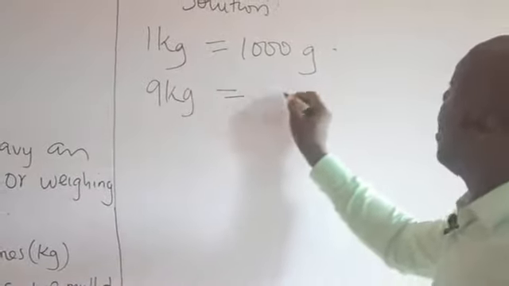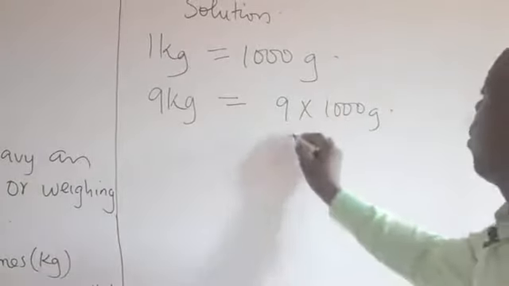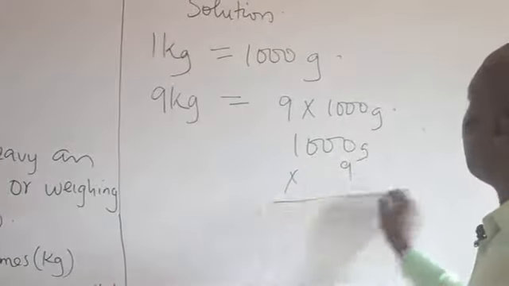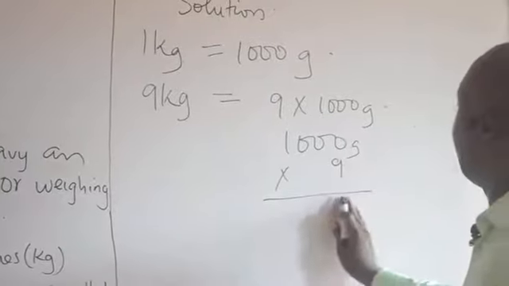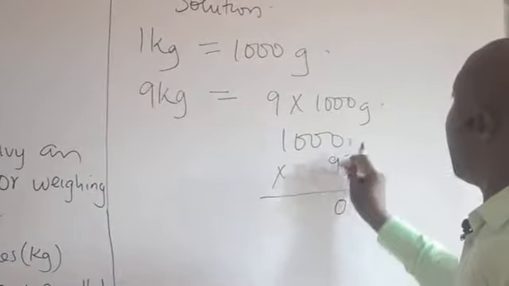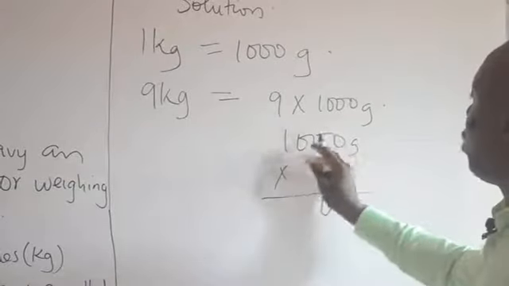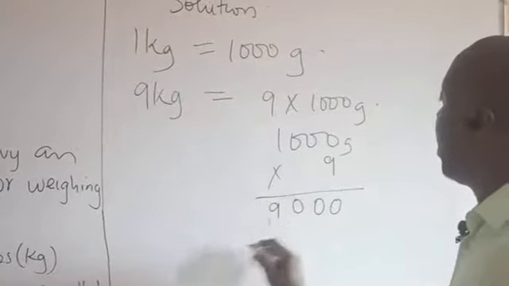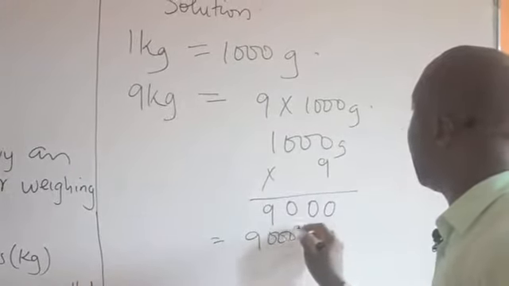That is 9 times 1,000 grams. 9 times 0 gives 0. 9 times 0 gives 0. 9 times 0 also gives 0. And 9 times 1 gives 9. So our final answer is 9,000 grams.